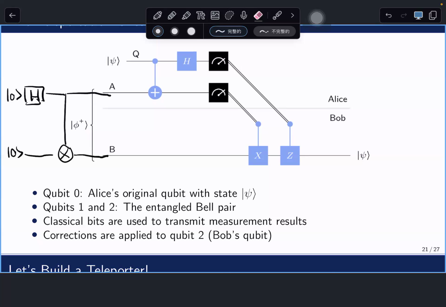I've tried this one before, but you need to do it on the third qubit. Yeah, it should be on qubit 3.